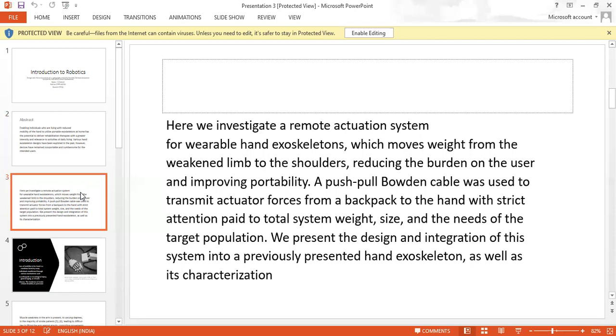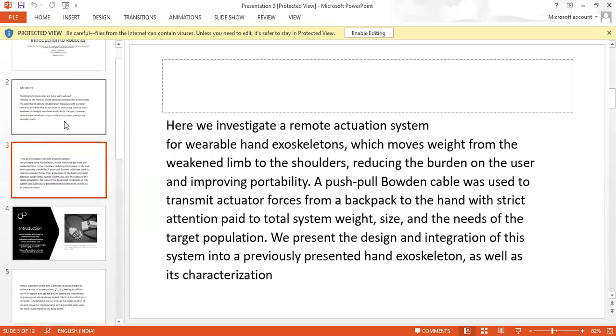We present the design and integration of this system into a previously presented hand exoskeleton, as well as its characterization. That's how the abstract is understood.